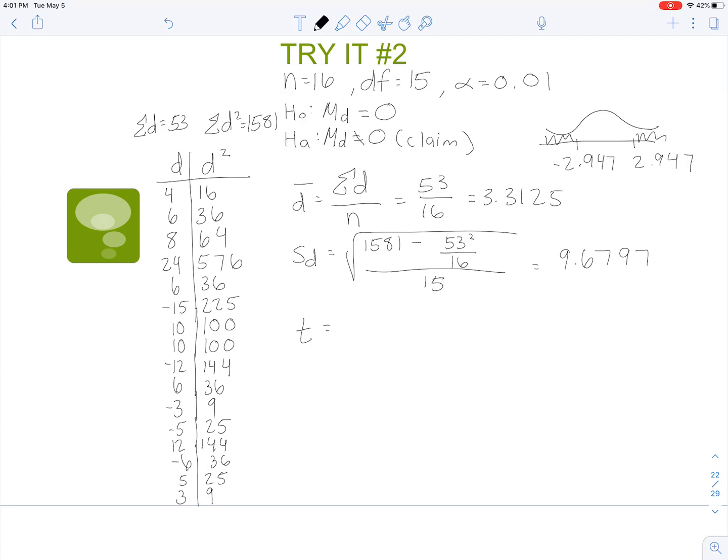And lastly, plug into your T equation, D bar minus mu sub D, which we were looking at 0, over the standard deviation over the square root of n.